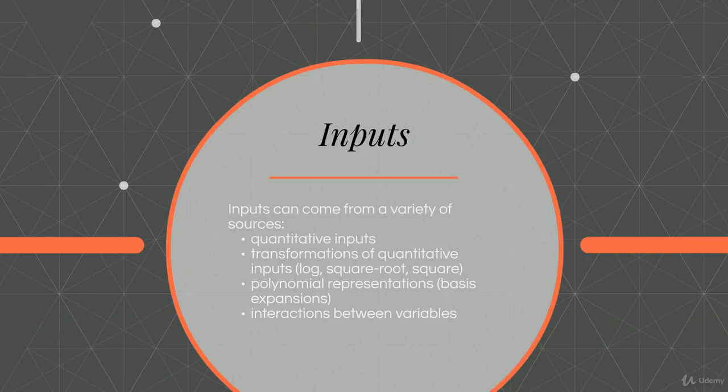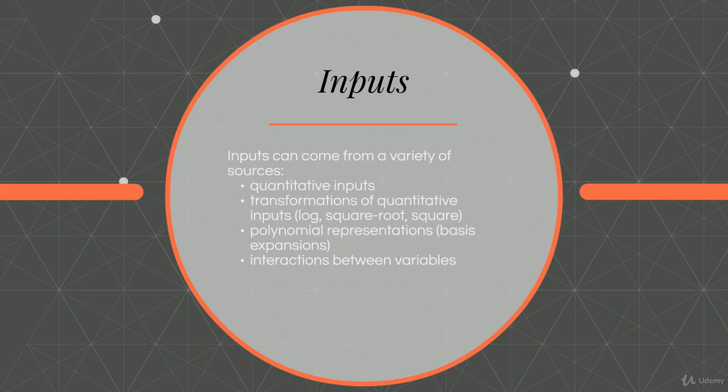So we're also going to have inputs, and these inputs can come from a variety of sources. Previously, we've looked at just the example of quantitative inputs where it's directly coming from our training data. However, we can also have transformations of quantitative inputs such as the log, square root, or square, polynomial representations such as basis expansions, and we can also have interactions between variables. We're not going to dive into this in too much detail yet, because in video 5 we're going to talk about these things, specifically basis expansions and regularization.